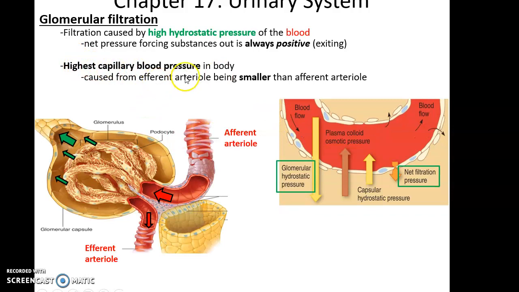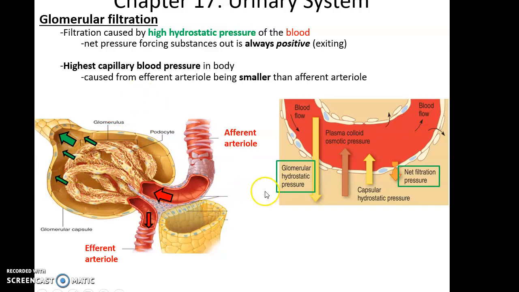And of course, that means that the blood pressure in the glomerulus is the highest blood pressure for capillaries. Pretty low compared to blood pressure in general, but for capillaries, it is very high, which is why we need to be very careful in maintaining that high blood pressure so it doesn't get too high.